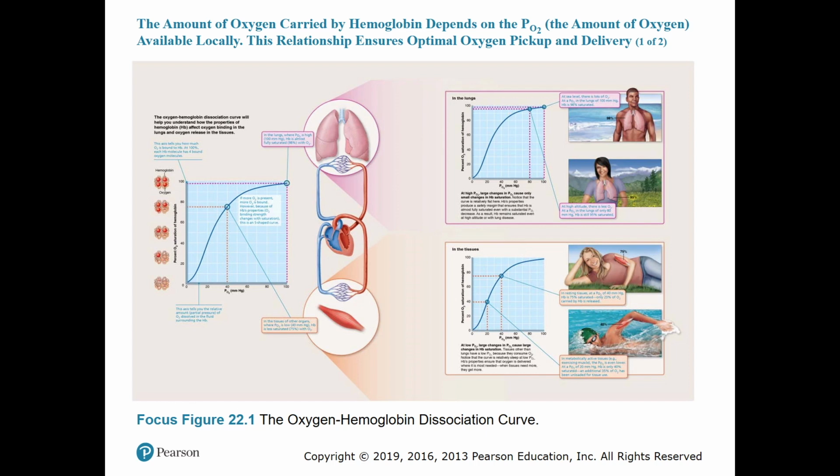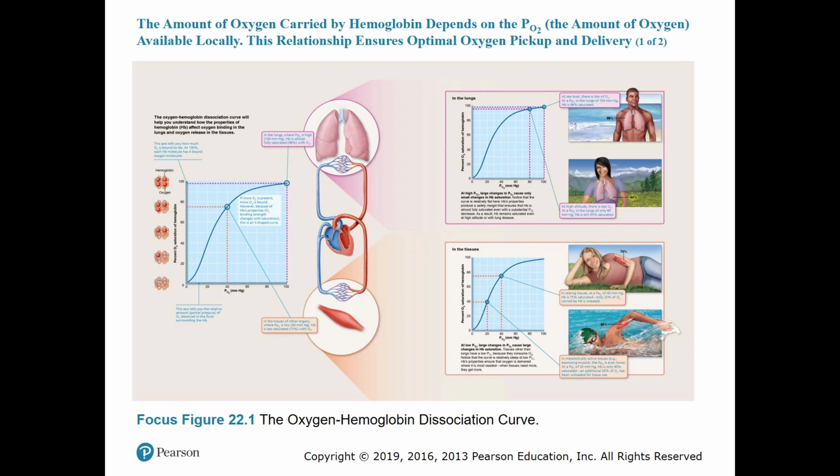In the bottom figure, we're comparing in the tissues. So the top was in the lungs. In the bottom figure, the bottom right, we're looking at the tissues, and we're comparing rest and metabolically active tissues. In the resting tissues at a partial pressure of 40 millimeters of mercury, hemoglobin is 75% saturated.